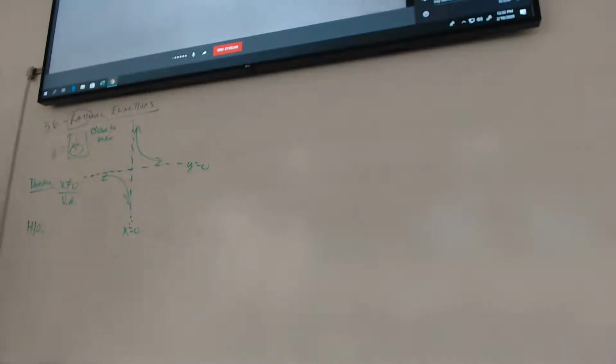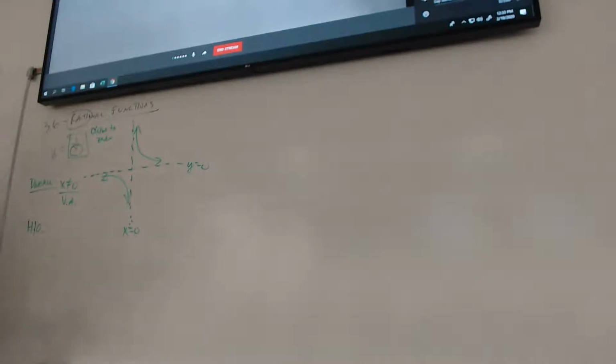And that's why we have this horizontal asymptote. We're going to do more complicated functions than this, and the first thing we're going to want to do is figure out where the asymptotes are.